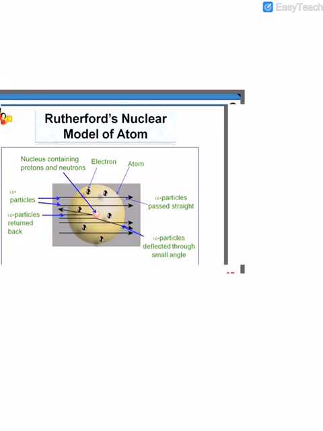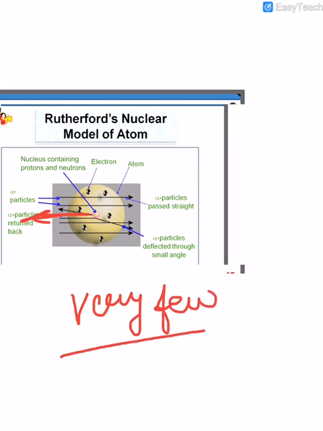His third observation was that very few alpha particles were returned back. It means that there is a very heavy body present within the atom, and also that these rays are very few.